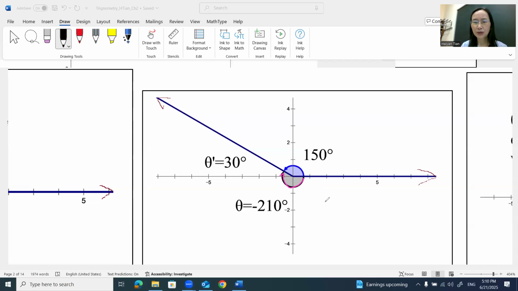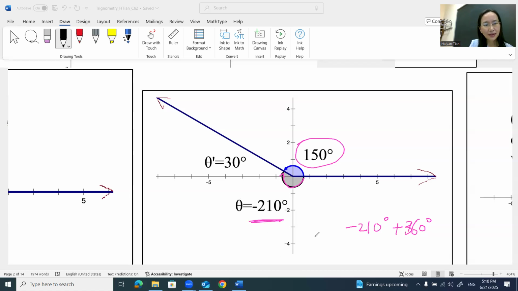So if we don't know immediately the location of the angle, then we can always add a complete rotation to make it positive, right? So this is how we do it. We add one complete rotation, and then we end up at a positive angle. And we know this positive angle is coterminal with negative 210 degrees.